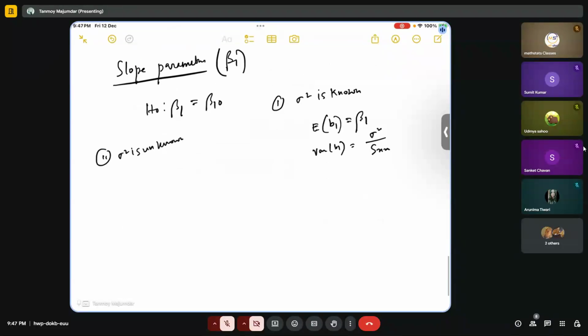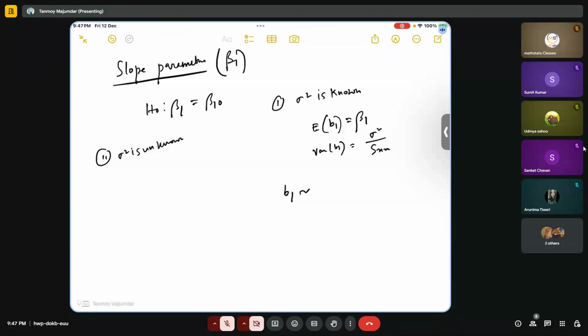Because we are going to consider that b1 should have some distribution. So what is the distribution of b1? Look, b1 is a linear combination of yi. We saw in the last class also that b1 was a linear combination of yi.